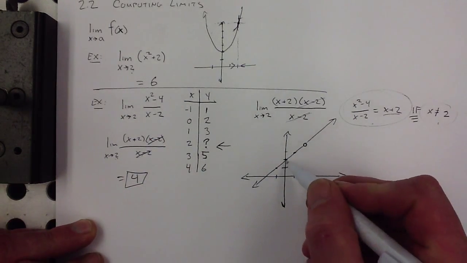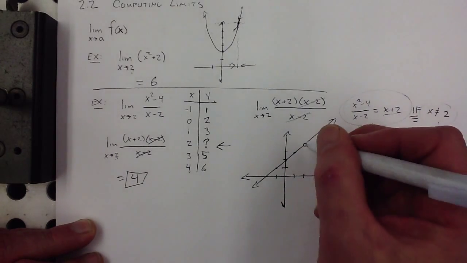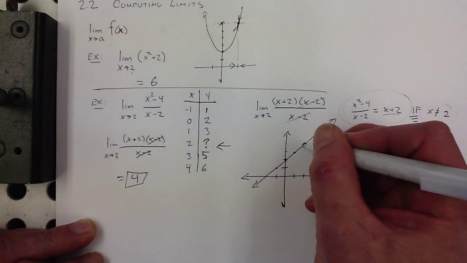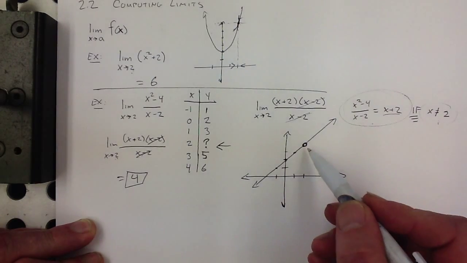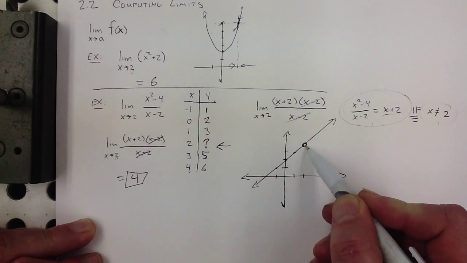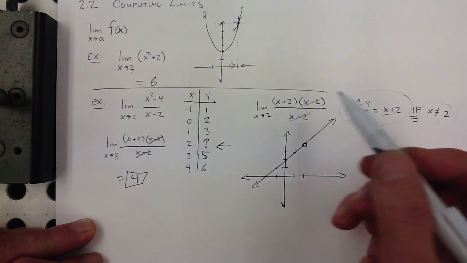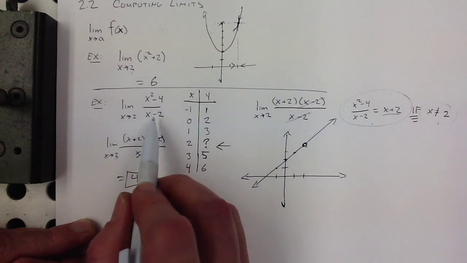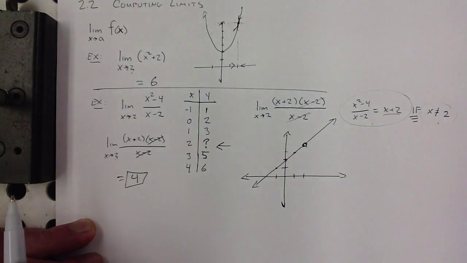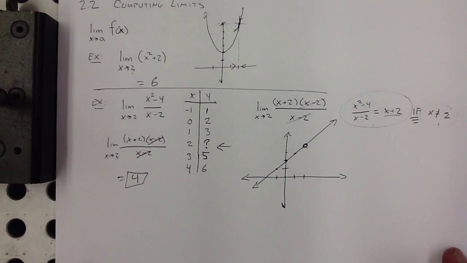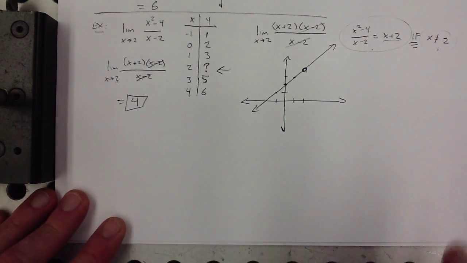It's got a slope of 1, y-intercept of 2. And the only thing that makes it different from the actual line y equals x plus 2 is that it has a hole here. This one point is missing. Why? Because you cannot plug 2 into this. If you plug 2 in, you get 0 over 0. And that brings us to the next definition.